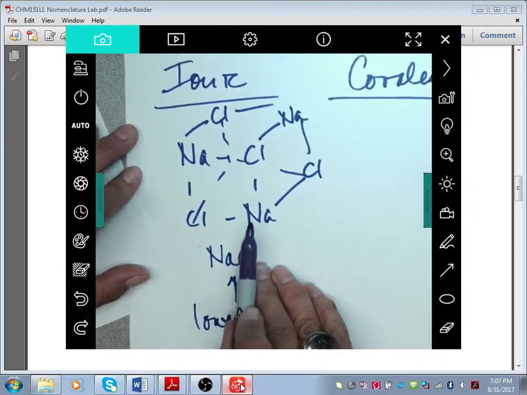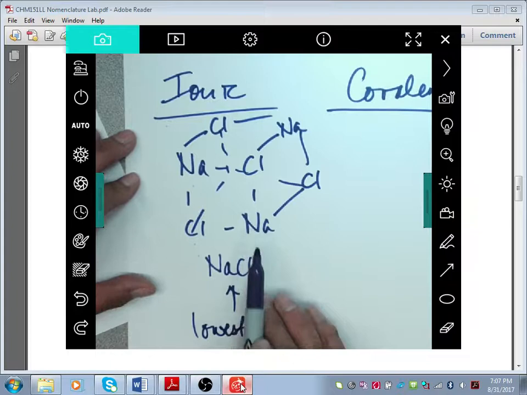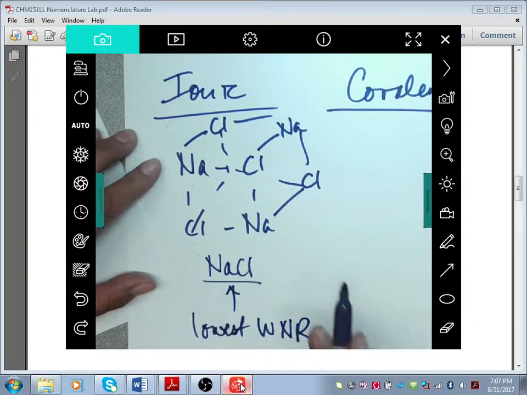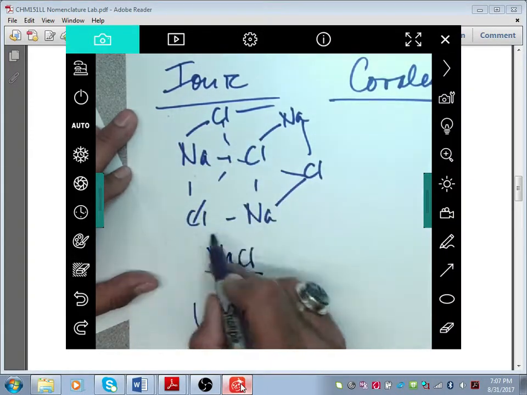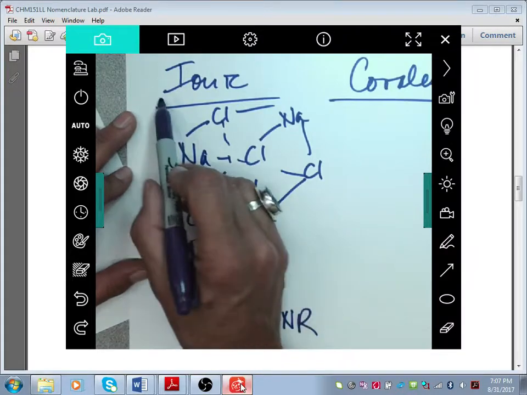We don't write Na437Cl437, right? We just write NaCl, okay? These are large crystal structures that are three-dimensional. They cannot exist as a single unit of NaCl. So you can never call NaCl a molecule. It is a formula unit. And we call it a formula unit because it's just the lowest whole number ratio of an ionic compound.